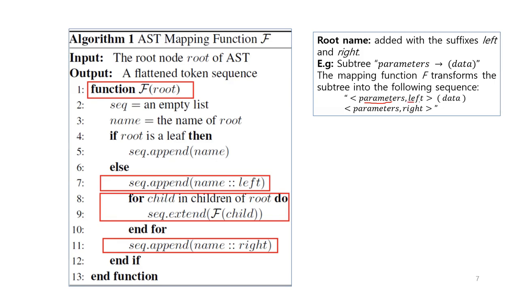Then we add the word left. Then the actual leaves, or actual source code. When we finish traversing this subtree, we add the name of the node followed by right. In this way, all of the subtrees will be traversed. Then we convert the sequence in this way.